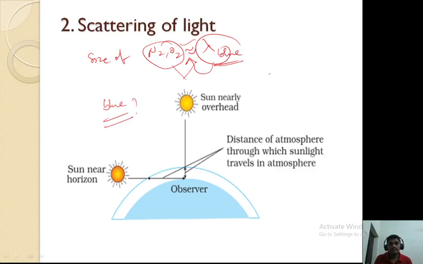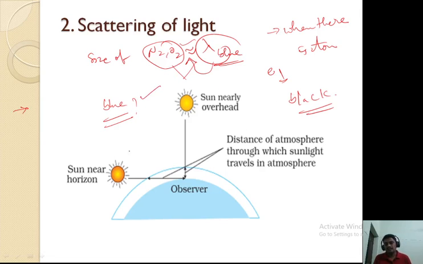When there is no atmosphere, what would be the color of the sky? The sky appears black. So we have answered some questions here. The color of the sky is blue because of the scattering of light. Why only blue?